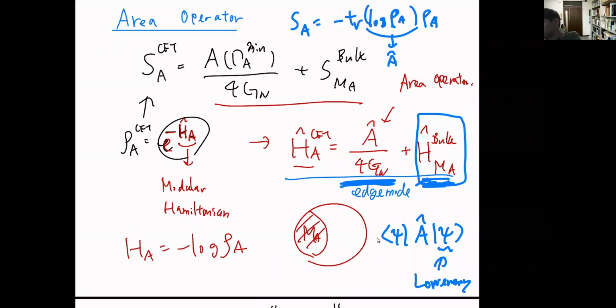But it's not the area on the gravity side for higher spin gravity. For U1, as you said, it is the area. Sorry, U1? U1 gauge fields. We don't know the gravity dual, right? So I'm not sure we have such a simple decomposition.